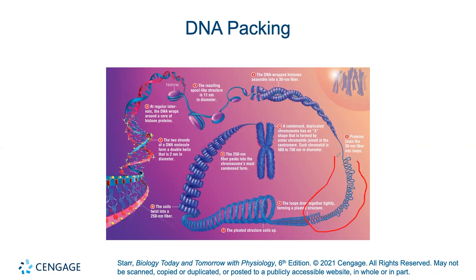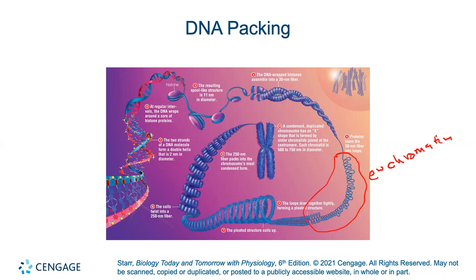They call that euchromatin. But when we compress the DNA into chromosomes, our purpose is to protect it so that we can equally distribute it to two new cells, right?